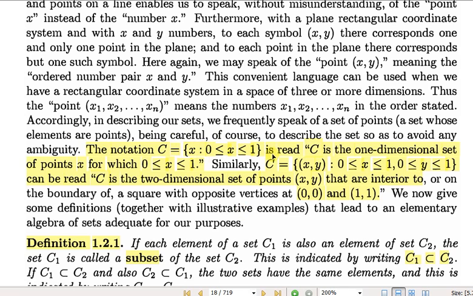This notation is read: C is the one-dimensional set of points x for which x is between 0 and 1. Similarly, C, like this, can be read: C is the two-dimensional set of points (x, y) that are interior to (0, 0) and (1, 1).